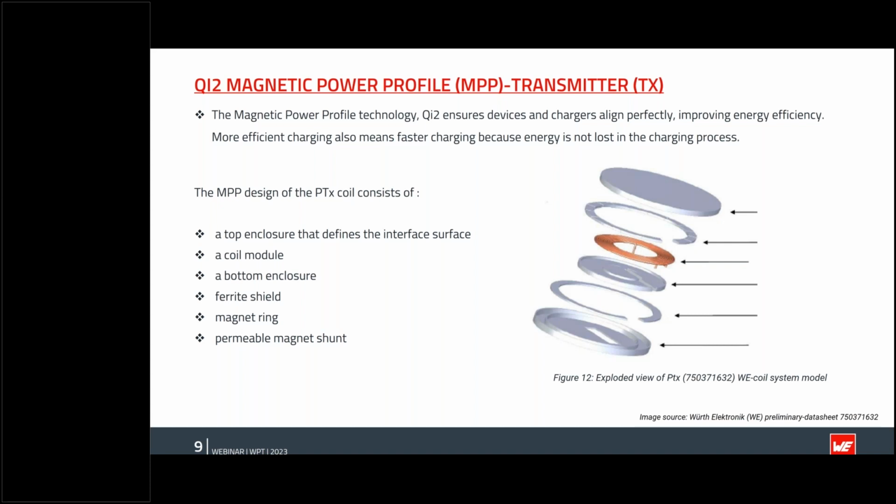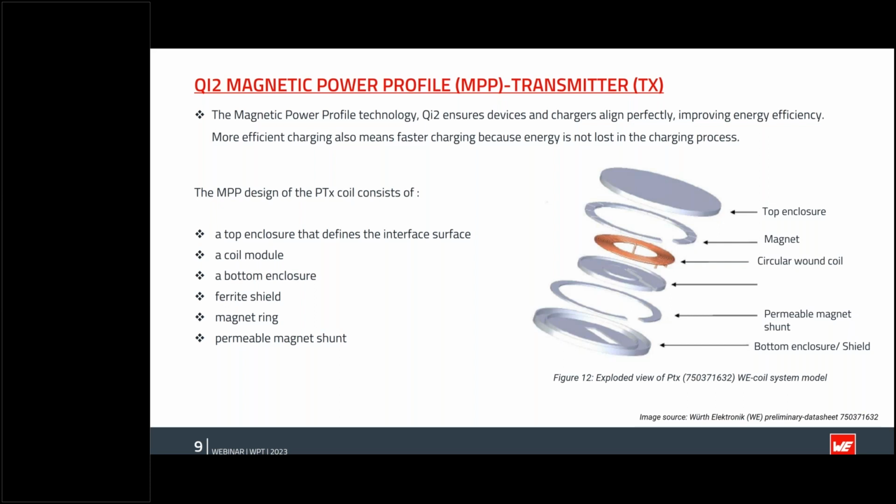And you can see that there is a bottom enclosure and a top enclosure. Then there are two magnets. The magnet on top is an array of magnets, which is supported by the permeable magnet shunt. This is on the transmitter side, and we have a similar magnet structure on the receiver side in the end application.